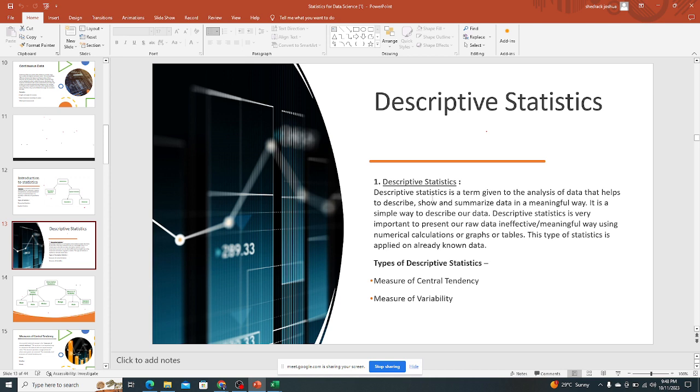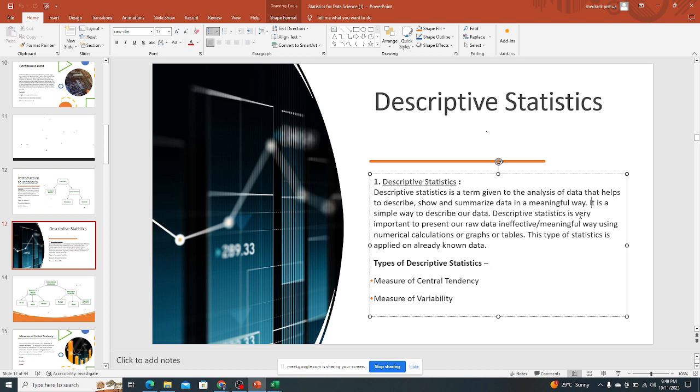Descriptive statistics is a term given to analysis of data that helps us to describe, show and summarize data in a meaningful way. It is a simple way to describe our data.